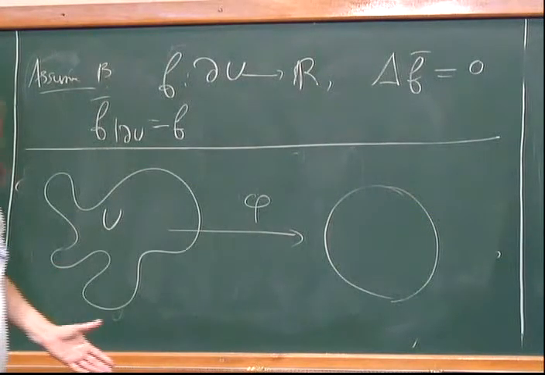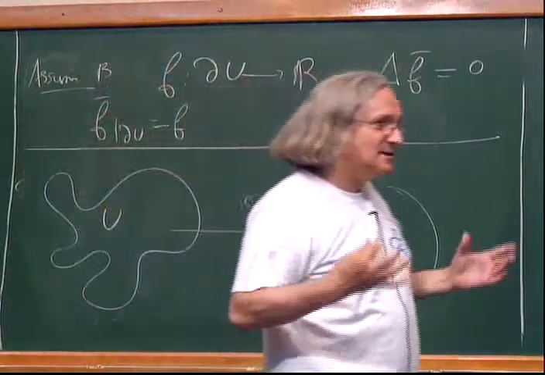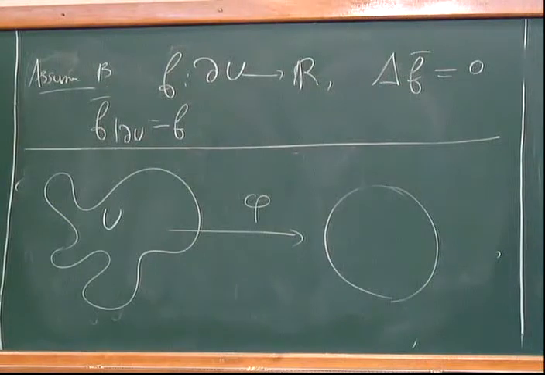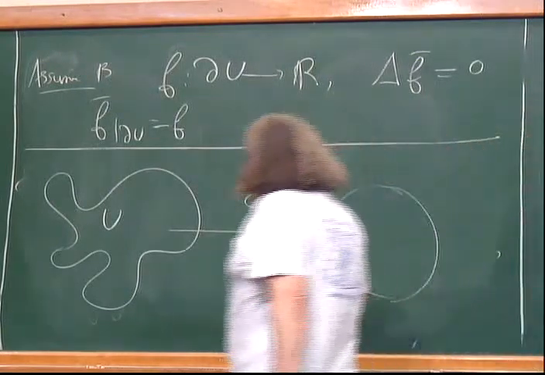This kind of compactness argument, the idea that one can understand compact subsets in infinite dimensional functional spaces, is much, much later. It's typically an idea of the 20th century. So the idea is this.